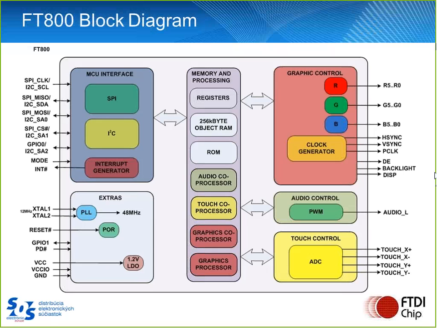On the right-hand side, you will see our outputs going to RGB, which will be going to the screen. We mentioned the audio control, which is pulse width modulation, going to the audio out. The audio is mono. And finally, we have the touch control, and it's using an analog to digital converter.